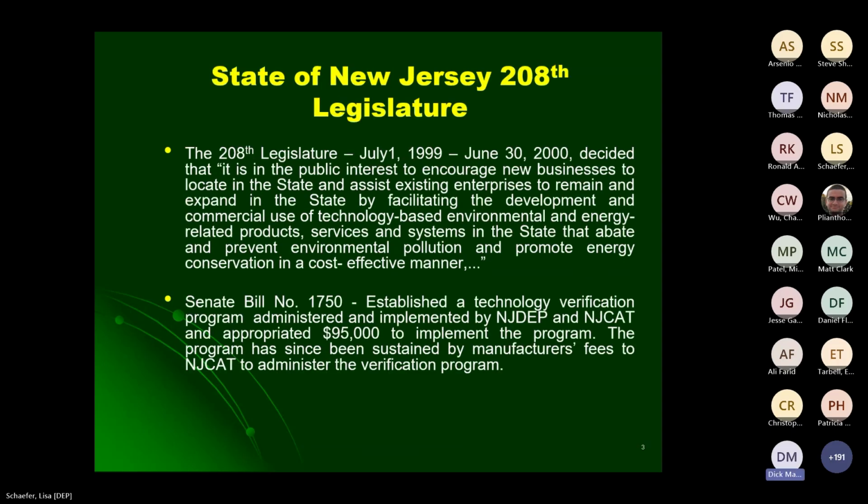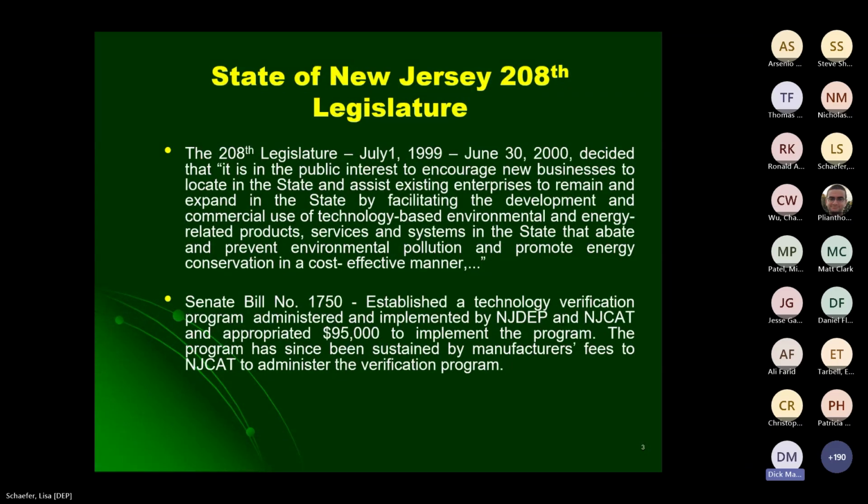Okay, this whole initiative began back in the 208th legislature, that was July 1999 to 2000. So effectively, NJCAT has been around for about 25 years. And it was at a legislative decision that we want to encourage new businesses to remain in the state and particularly facilitate development and commercialization of technology-based environmental energy products.